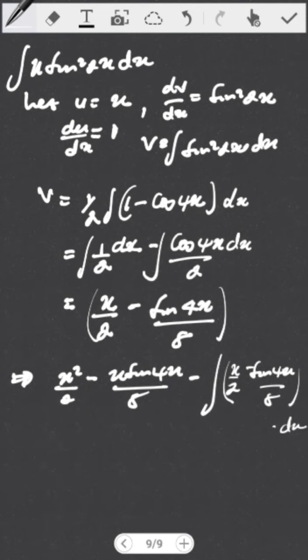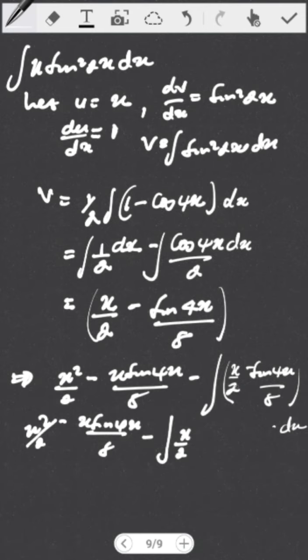So I'm going to have x squared over 2 minus x sine of 4x over 8 minus the integral of x over 2 dx, and this will turn into a plus, the integral of sine of 4x over 8 dx.